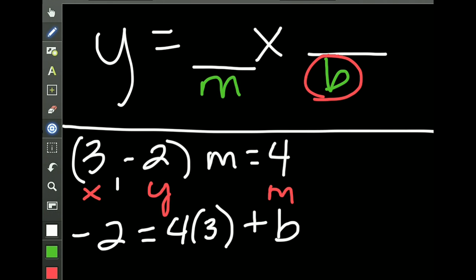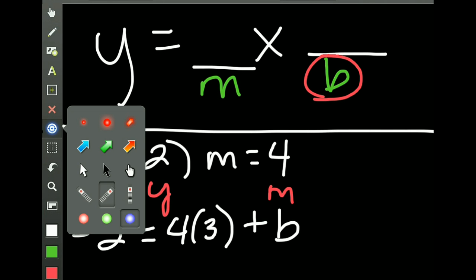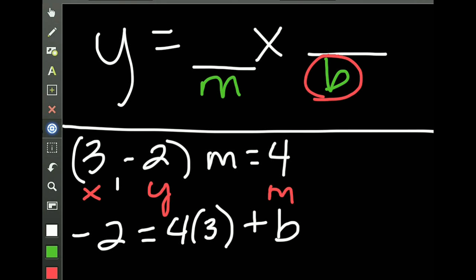We have the Y, the M, and the X. The only thing we don't have is B. Do we need B to write our equation? Yes, we need an M and a B. Those are the two things we need, okay?